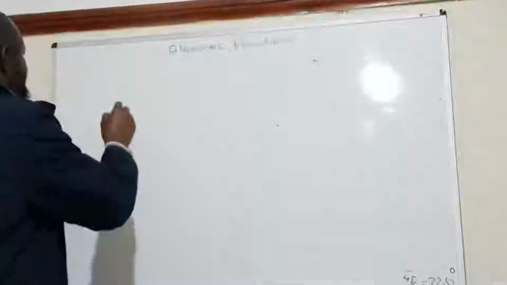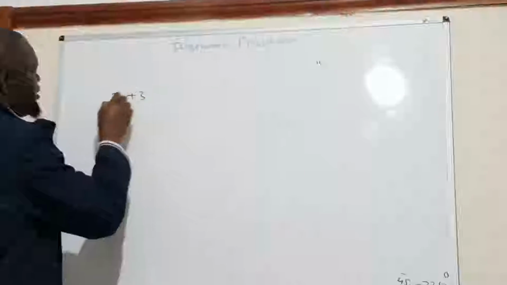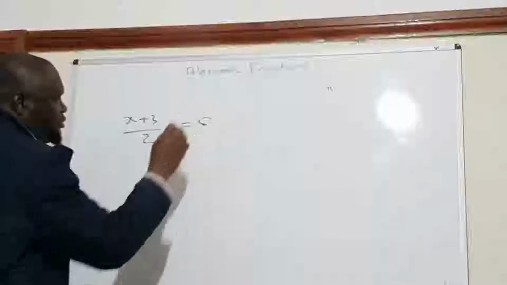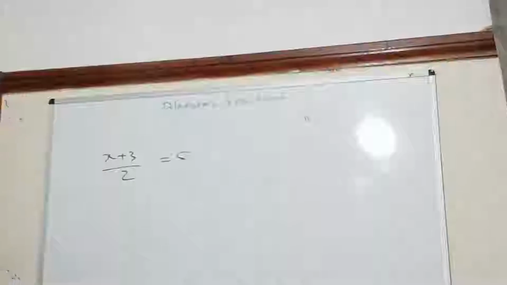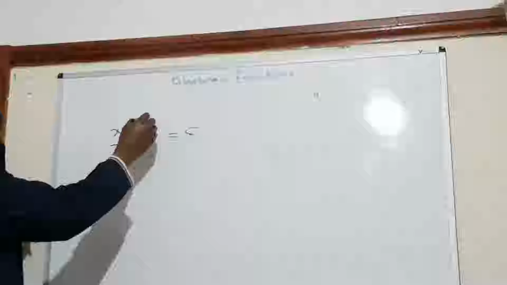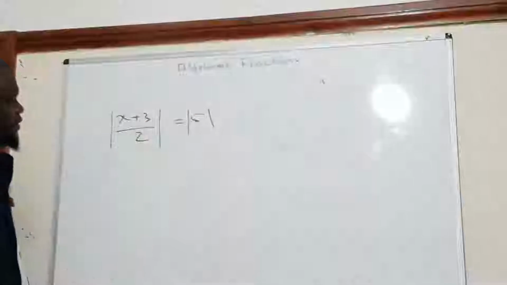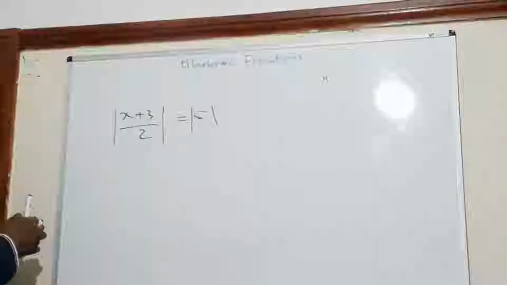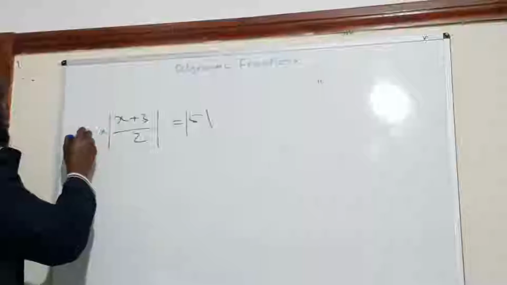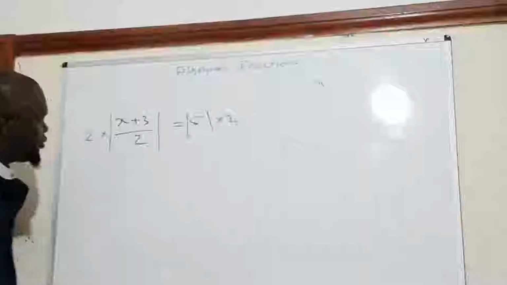Now let's look at even more difficult questions. Look at this: x plus 3 divided by 2 is equal to 5. What do you guys think? Although this is x plus 3, there's a whole fraction here and a number there. We can cross multiply, but we can also eliminate the 2 by multiplying every side by 2.